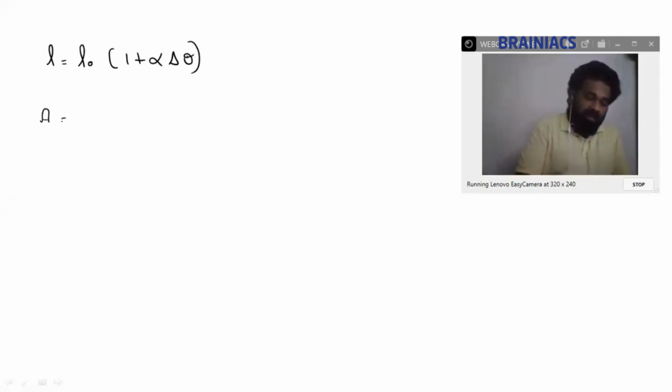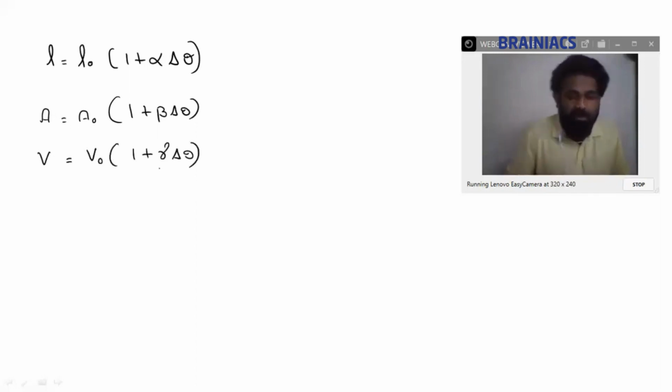Same way, new area A is equal to old area into 1 plus beta delta theta. And new volume is equal to old volume into 1 plus gamma delta theta. So this we have seen. Alpha, beta, gamma are the thermal coefficients of linear expansion, aerial expansion, and volumetric expansion respectively.